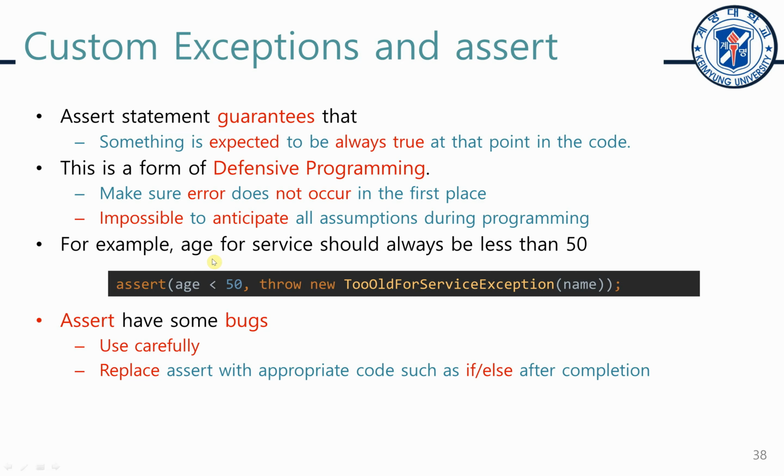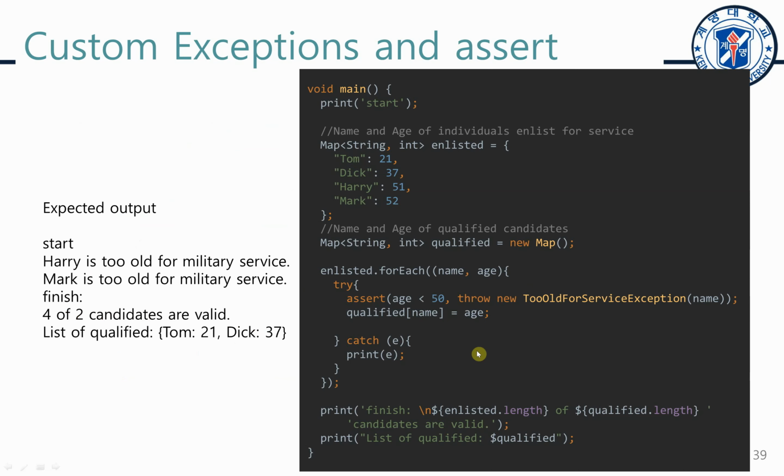The other thing you should know about assert is that this method in Dart is still under development and it has some bugs. So you use this very carefully, and most of the time, if you don't want to use assert, you can replace it with an if-else statement.